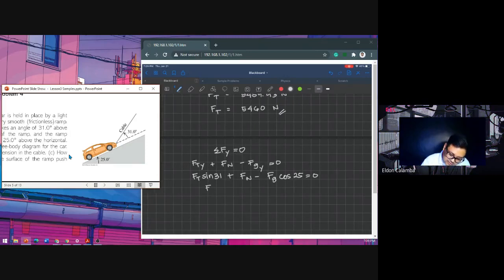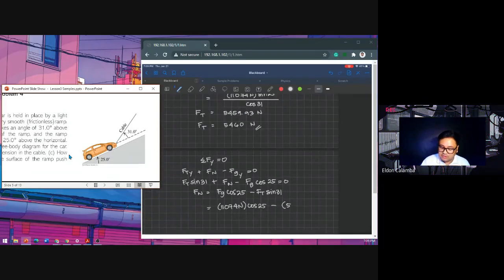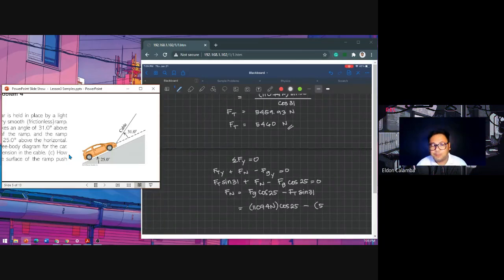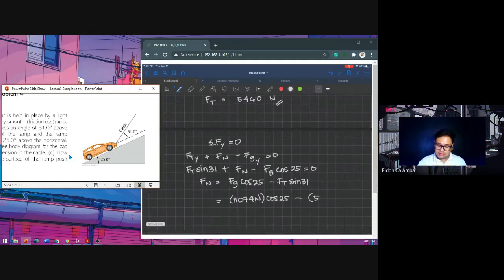So Fn, so this is Fg cos 25 minus Ft sin 31. So substituting Fg cos 25 minus substituting Ft, kayo bahala if you want to have the 5459 or 5460. Pero rule of thumb is yung hindi pa naka-round off. Mamaya na tayo mag-round off.